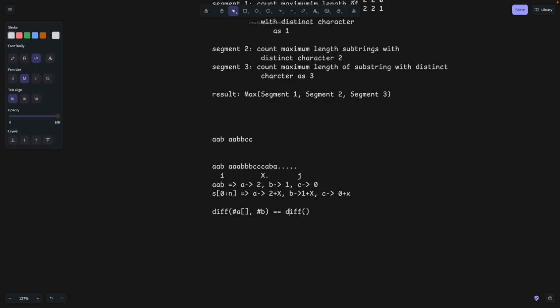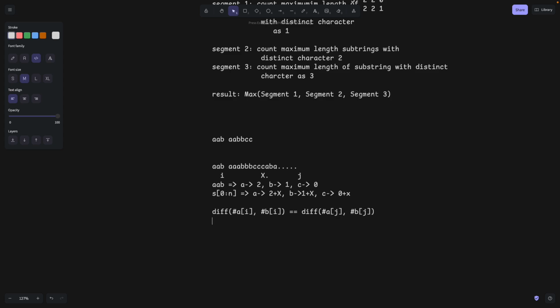So we can write here that the prefix count of A till i and the prefix count of B till i, and the difference between them is going to be the same as the prefix count of A till j and the prefix count of B till j, right?